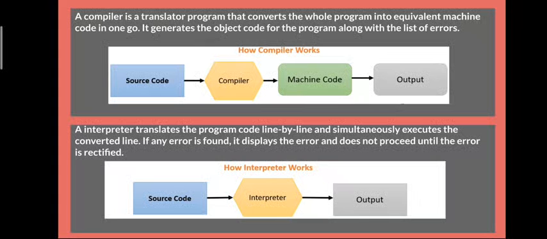Apart from the compiler and the interpreter, there are assemblers, which convert the assembly language program to machine language program. Assembly language programs are closer to the user as well as to the machine.